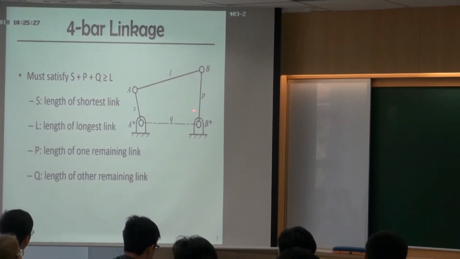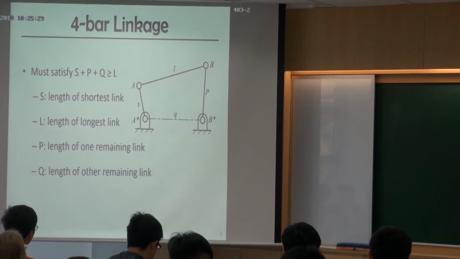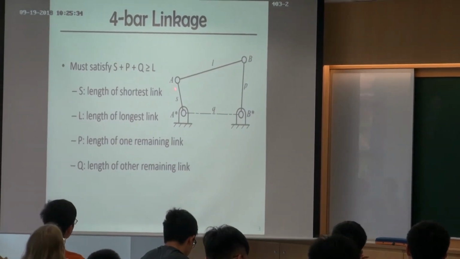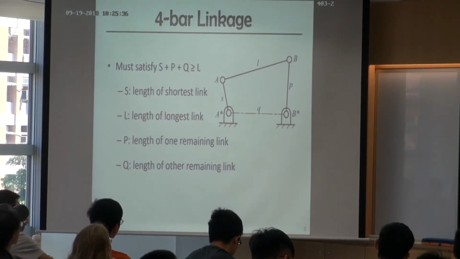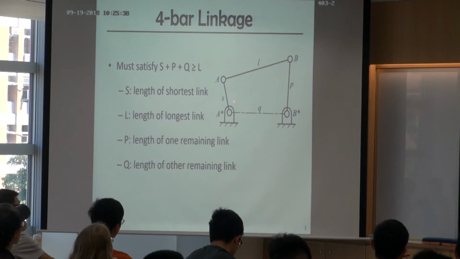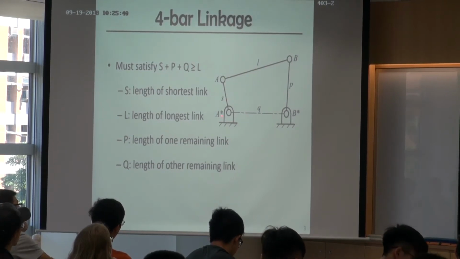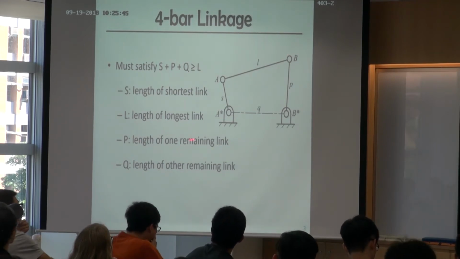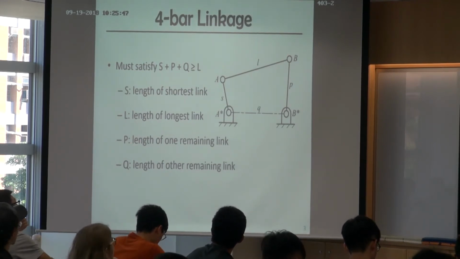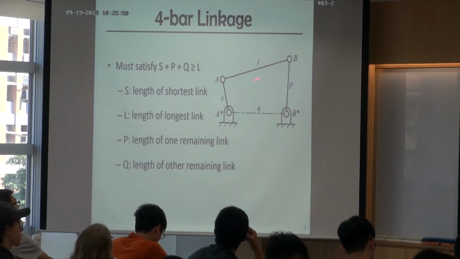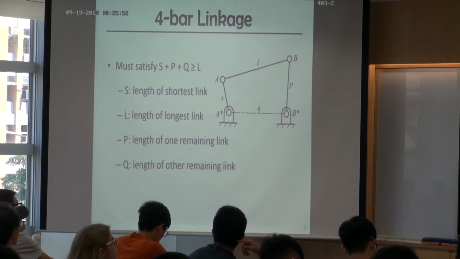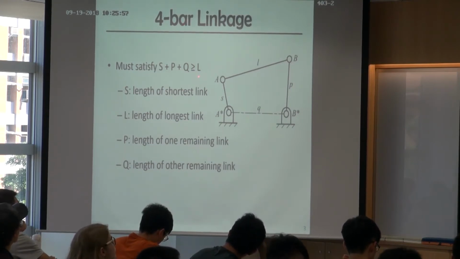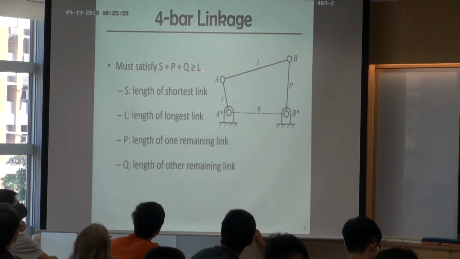And so the very first thing, if we want to assemble a 4-bar linkage, there's one thing we must satisfy. Suppose right now we have 4 bars, and we name the shortest link as S, and the longest one as L. And the other two, we call P and Q. The lengths of these two are in between S and L. So the very first thing, if I want to assemble a 4-bar linkage, I must satisfy this inequality.